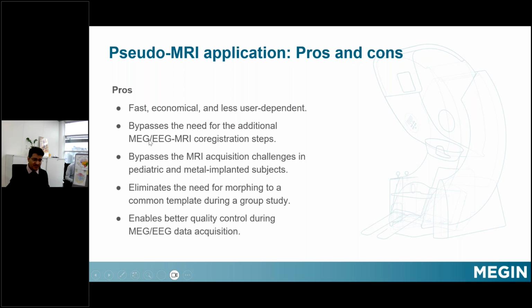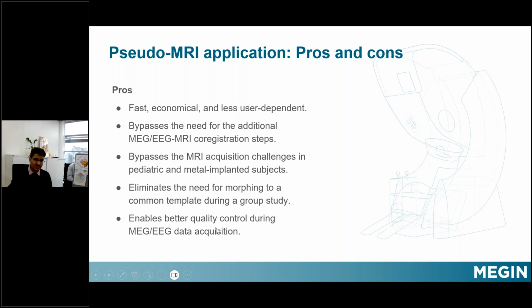Then it bypasses the need for an additional MRI scan and additional co-registration steps. It bypasses MRI acquisition, which is especially challenging with pediatric and metal-implanted subjects. It eliminates the need for morphing, as I told, and enables better quality control during MEG data acquisition.